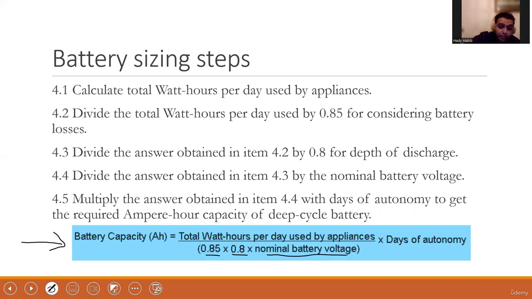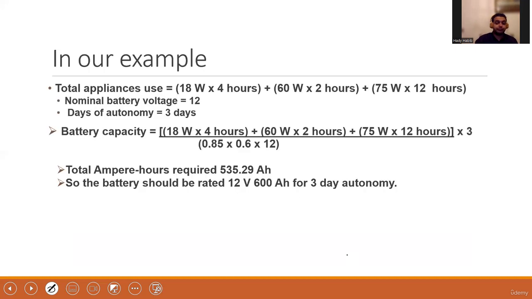The nominal battery voltage is one of those three options: 12, 24, or 48.